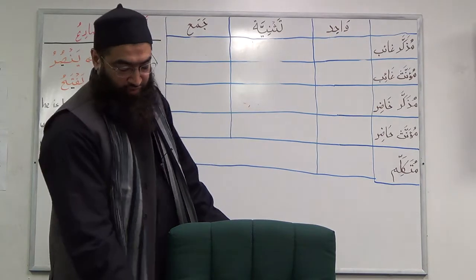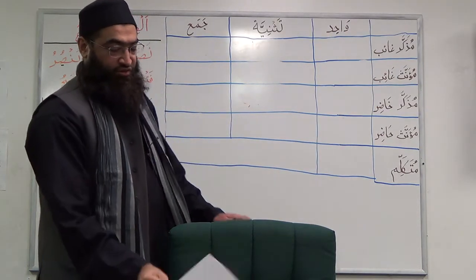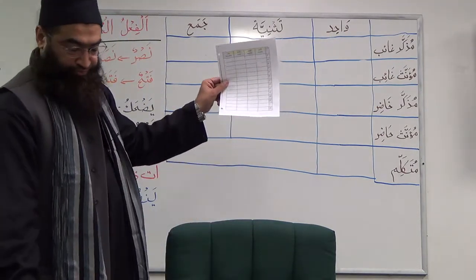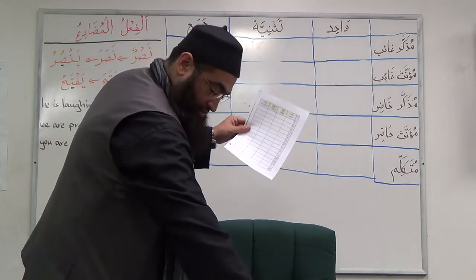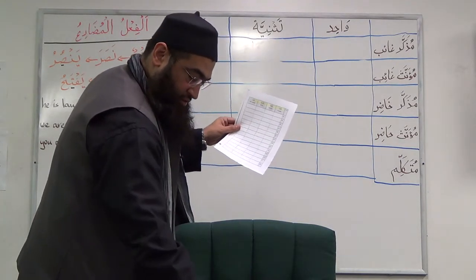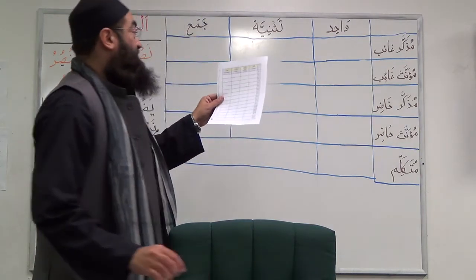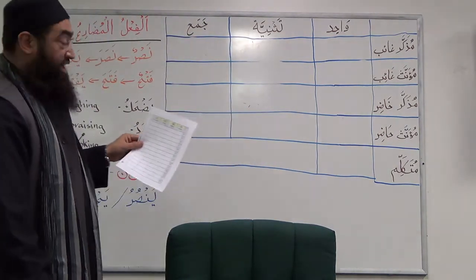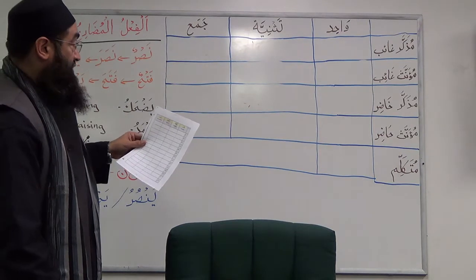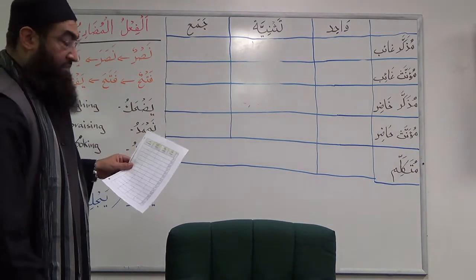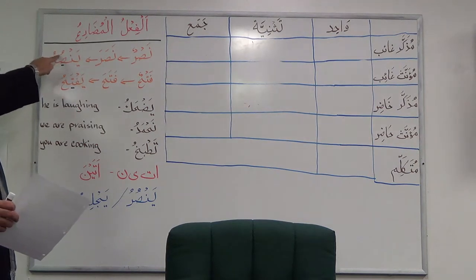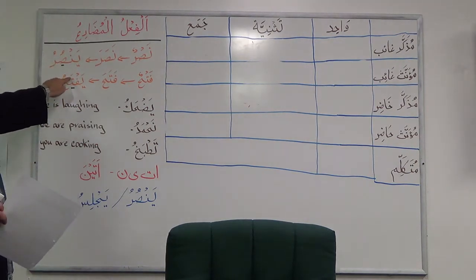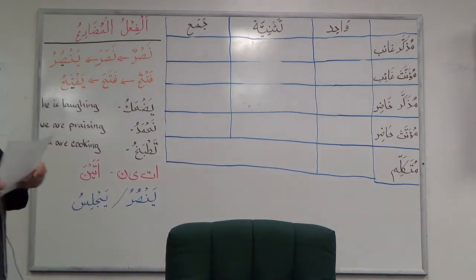All right, so we're going to open the next page, page 53. Remember I said that sometimes the ayn kalima will have a dhamma, sometimes the ayn kalima will have a fatha, and sometimes it's going to have a kasra.